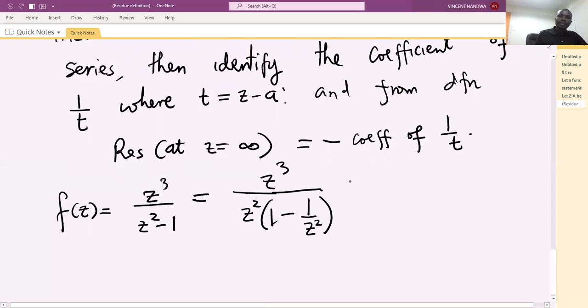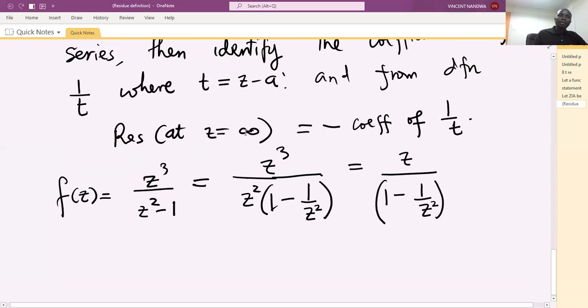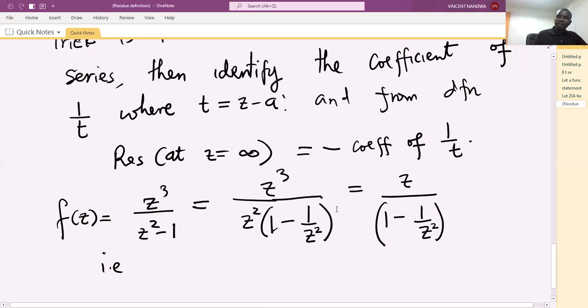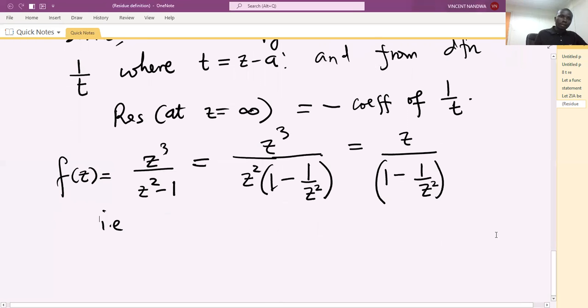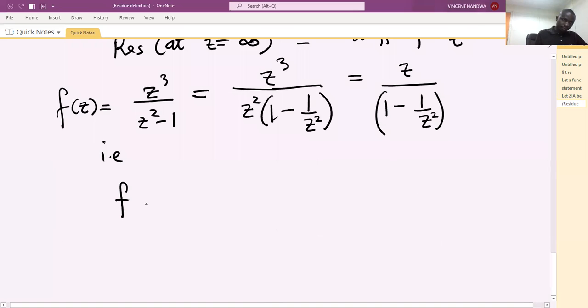And you see this is the same as z over (1 − 1/z²), because z² cancels z³, leaving z. Now we can say that f(z) is z times (1 − 1/z²) to the power of negative 1. Remember the power of this one is 1, so when you take it to the numerator, it will be negative 1.